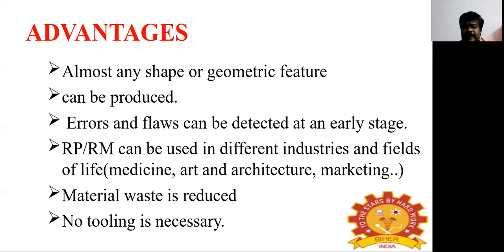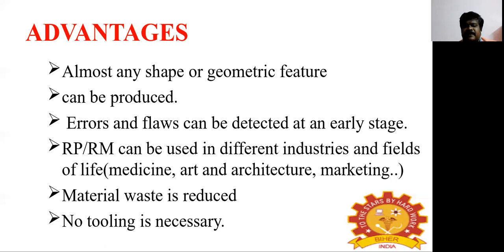If you take RP, rapid prototyping, we can use it in different industries and fields. It can be medicine, art, architecture, marketing. In medicinal purposes we can use it for biomedical applications, dental applications, even for tooth implants.